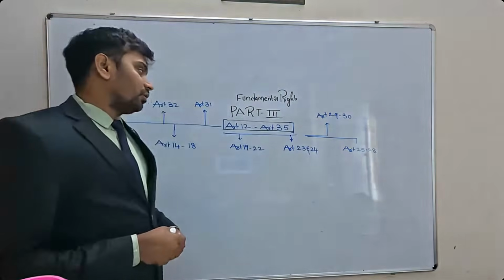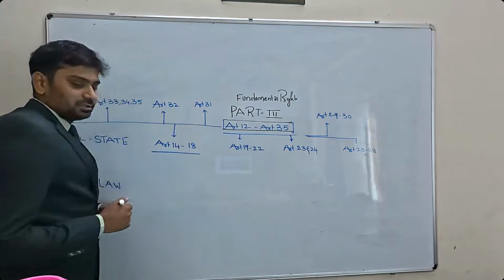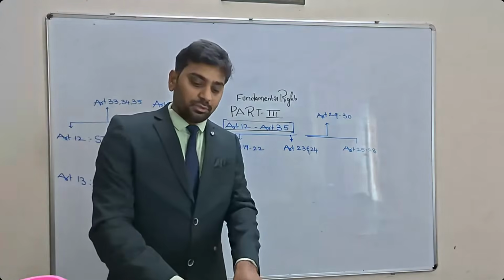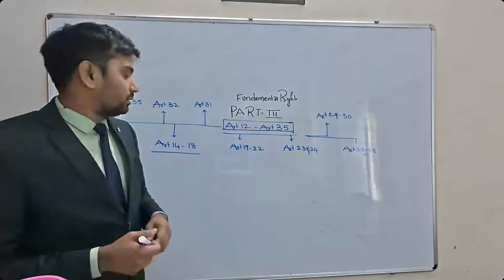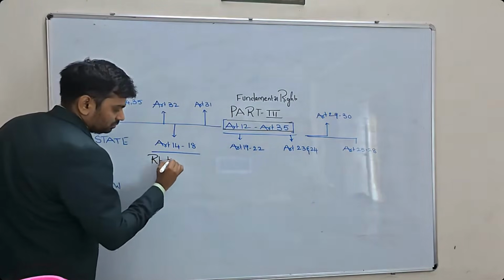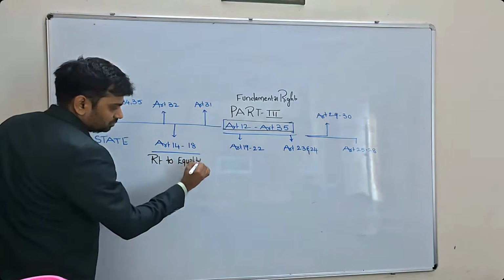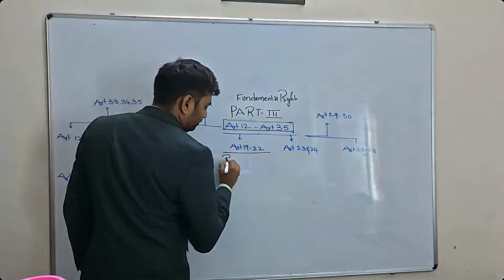So first of all, how many rights are there? Article 14 to 18 is the first fundamental right that we possess. That is called the right to equality. Articles 19 to 22, right to freedom.